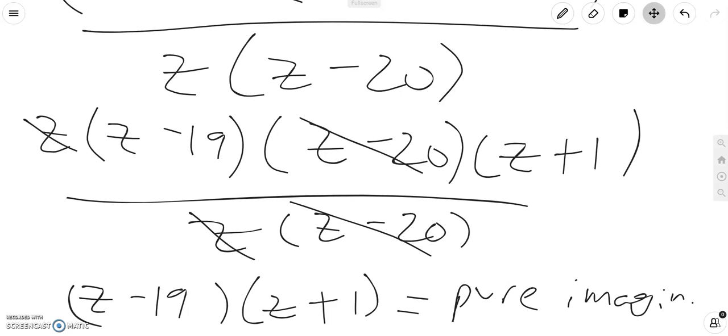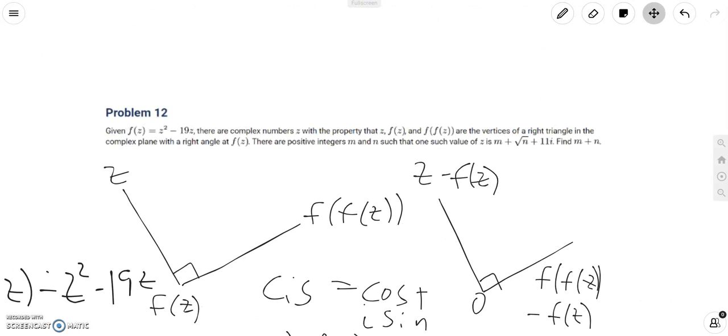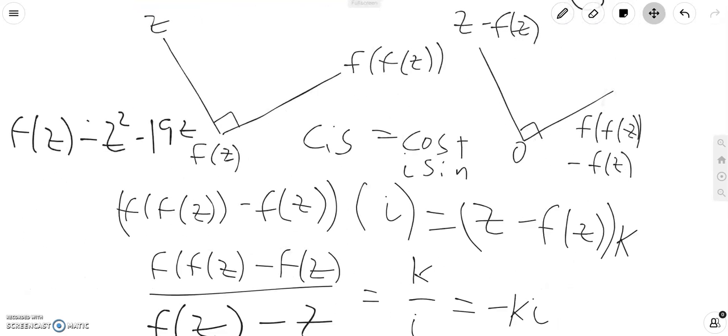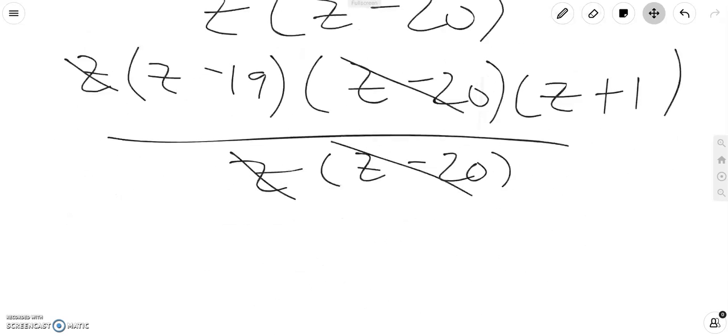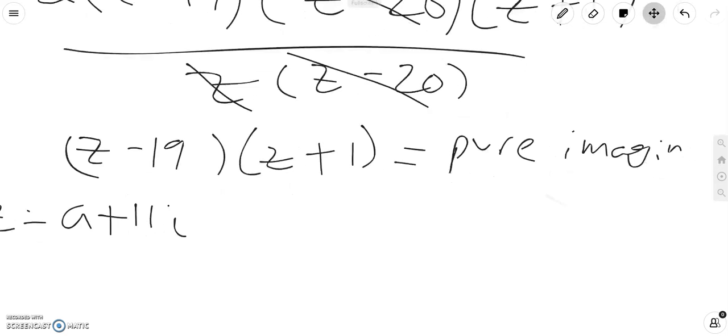The nice thing about the problem is that it actually gave us the imaginary part of z, 11i. So let's let z equal a + 11i. We stick this expression for z in and set the real part equal to 0, since we know this expression has to be pure imaginary.